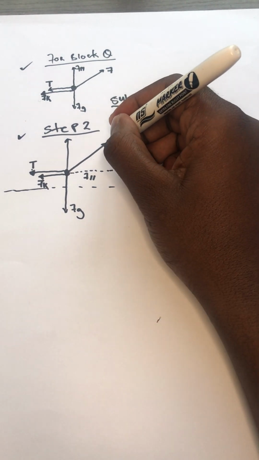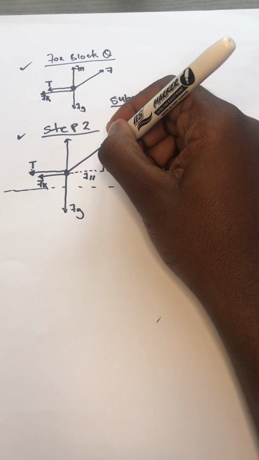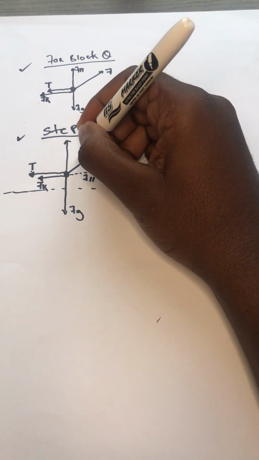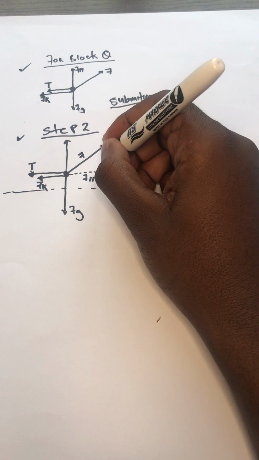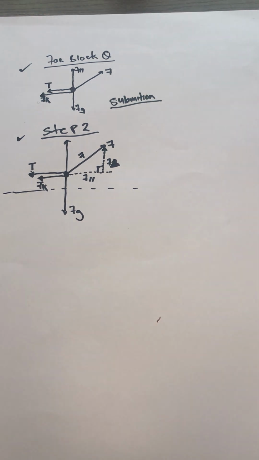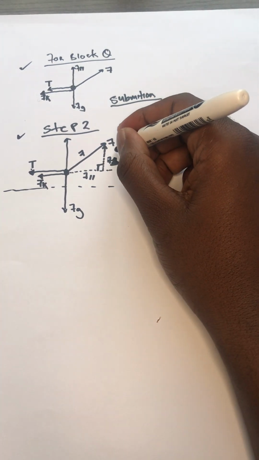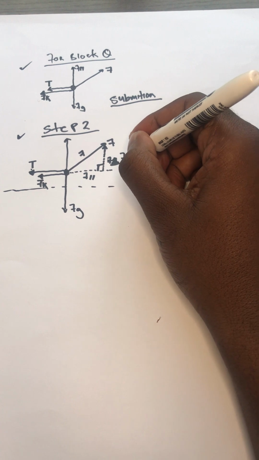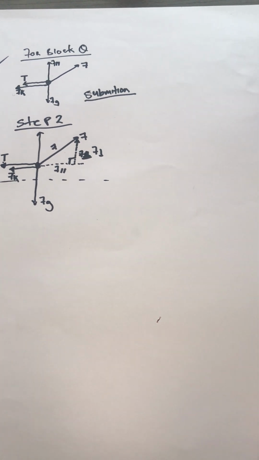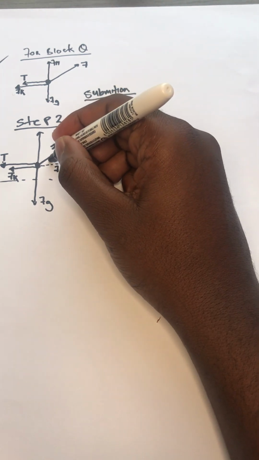Then we have a force that is perpendicular to the surface, F perpendicular. Let's calculate our components so that life is easy. We have an unknown angle theta.